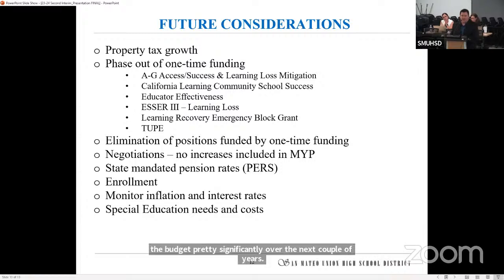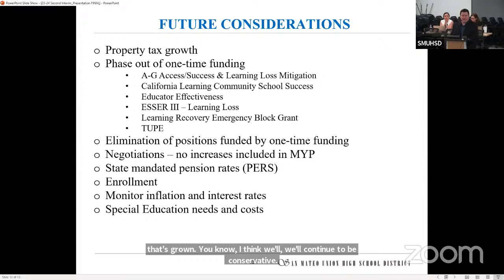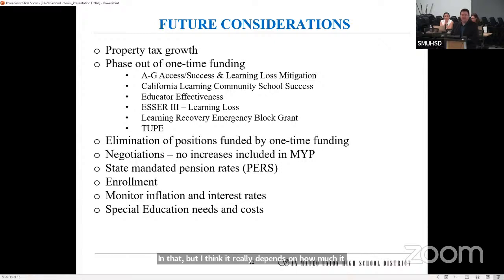I think we'll continue to be conservative in that, but it really depends on how much it really creeps up. If it stays on the track it has, we're actually a little bit below what we've been in the last couple of years where it's tracking right now. And so again, we track that almost every day.